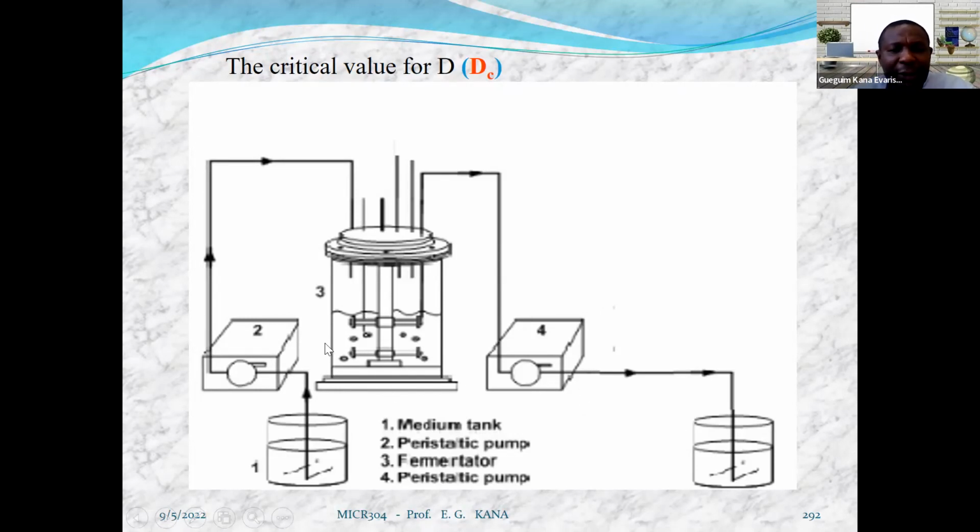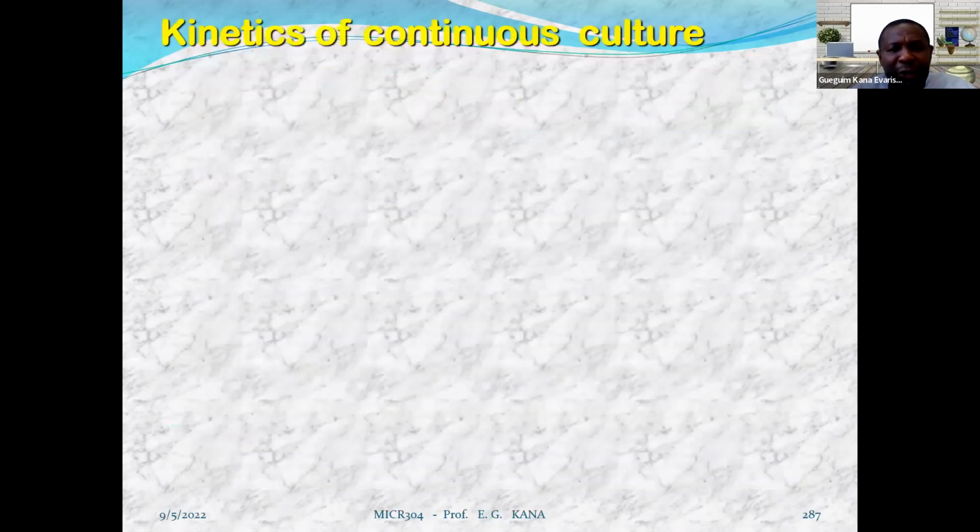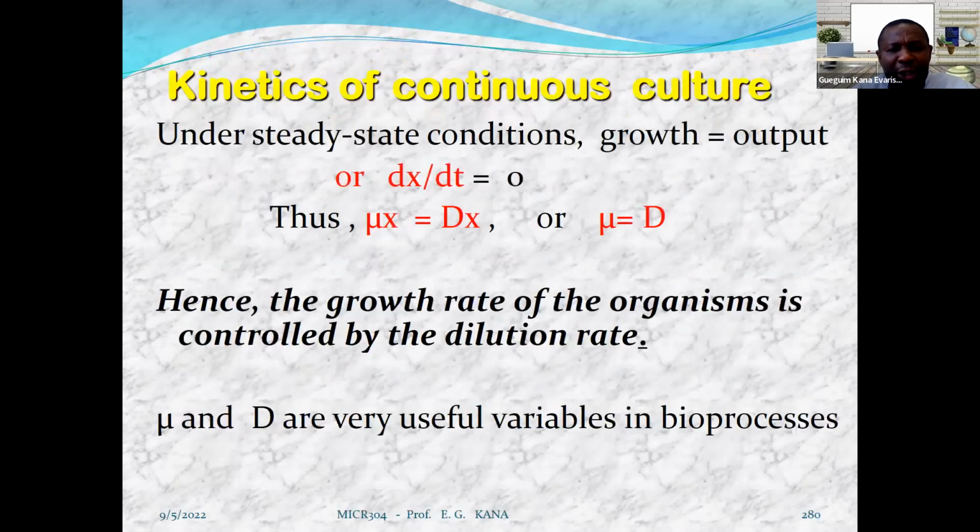And based on the previous equation, we showed that your dilution rate can actually be used to control the specific growth rate, right? For those that missed it, your dilution rate can be used to control the specific growth rate.